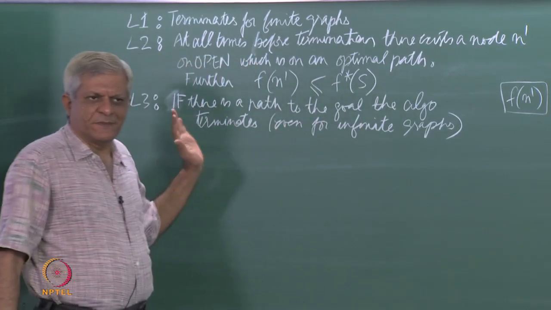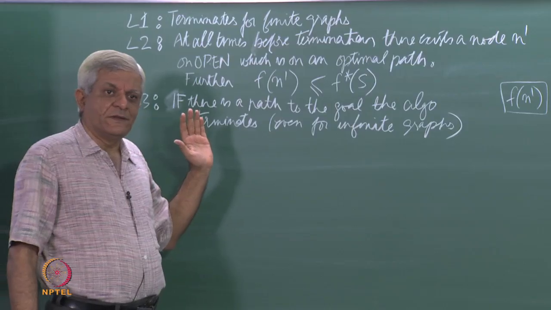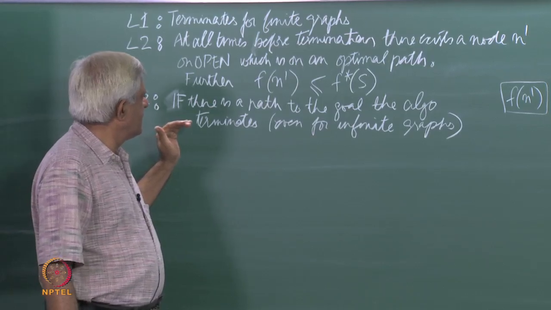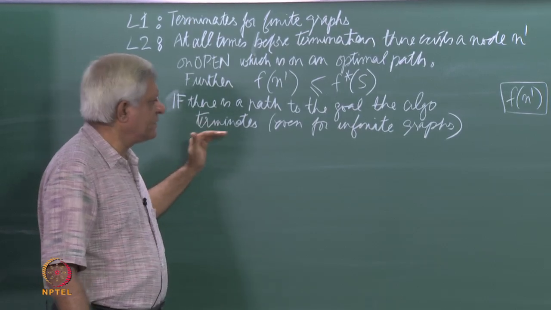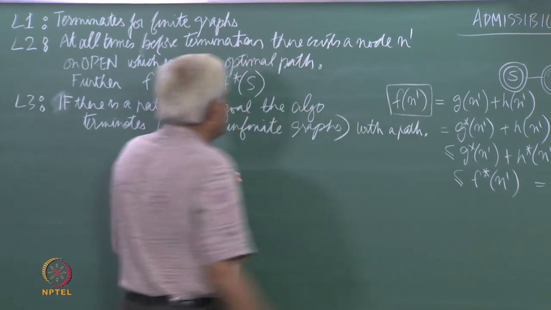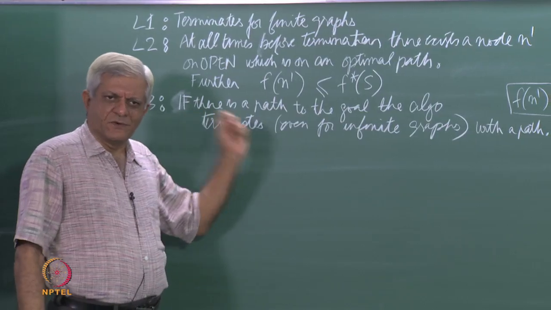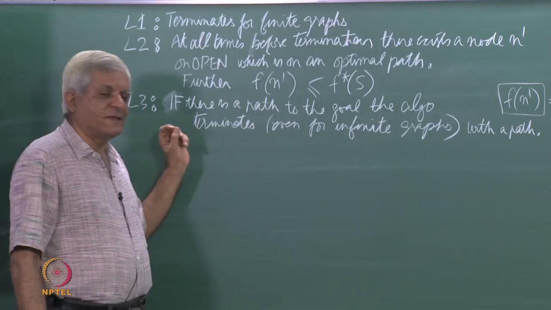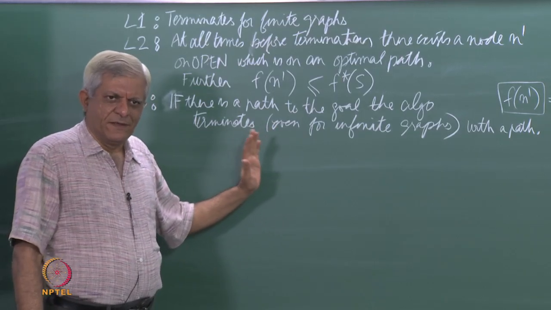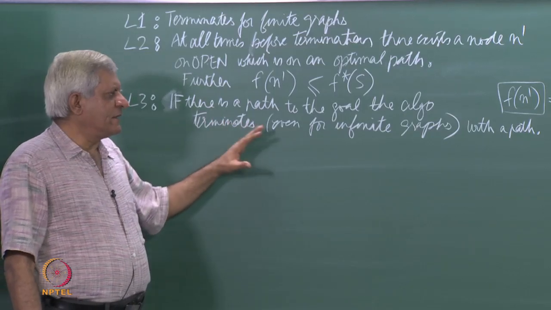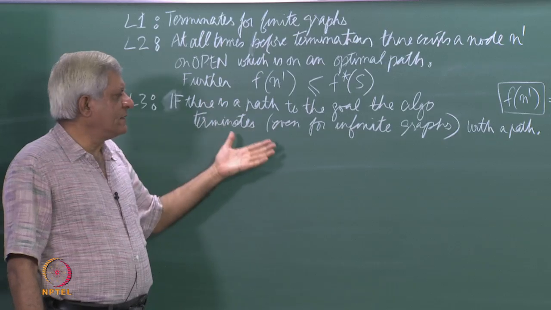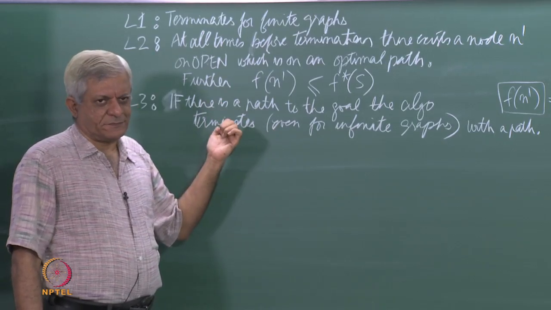So, the third statement we are making is that the algorithm terminates with a path. That if there is a path from the start to the goal state, the algorithm will always terminate with a path from the start to the goal state. We have not yet talked about optimal path, we are saying that it will find a path, and we are making this claim that even if the graph is infinite, even if there are an infinite number of nodes, then the algorithm will find a path to the goal node.